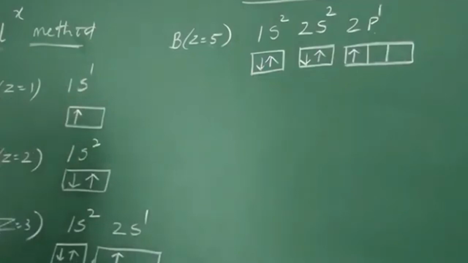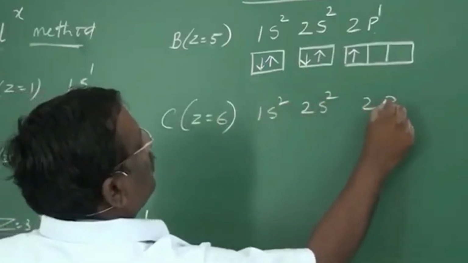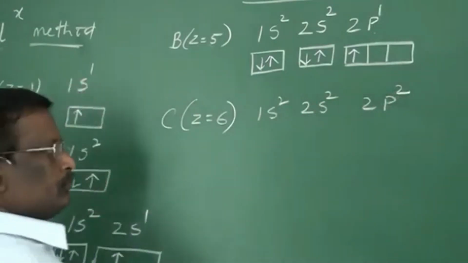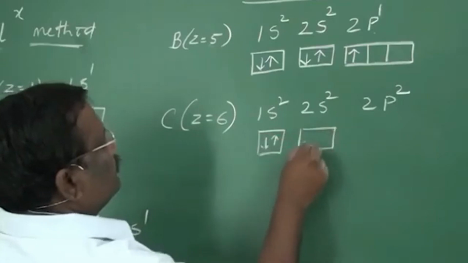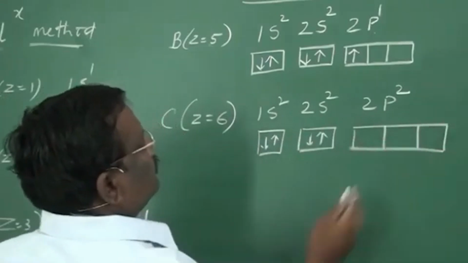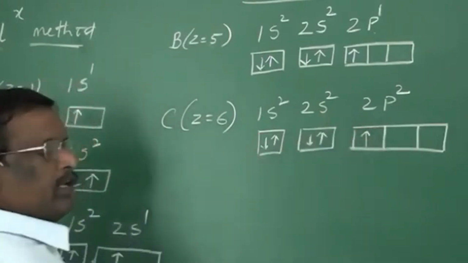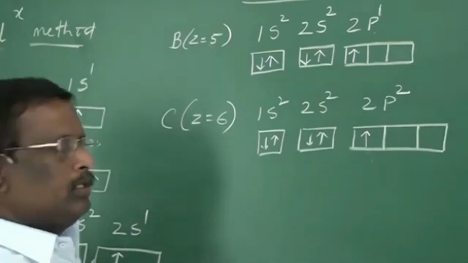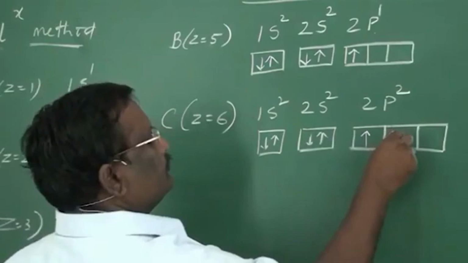Then carbon: 1s2, 2s2, 2p2. Now here the first electron enters here. There is a place for the second electron also, but according to Hund's rule, this electron will enter into this orbital. Like that.